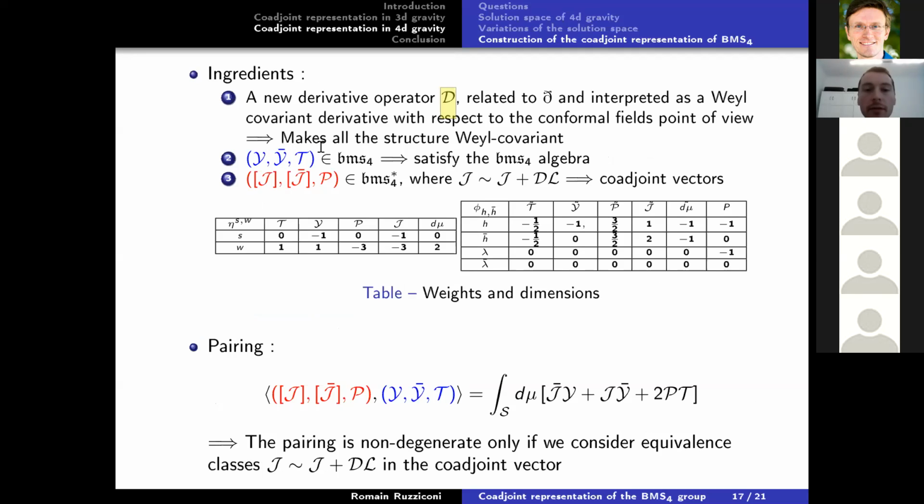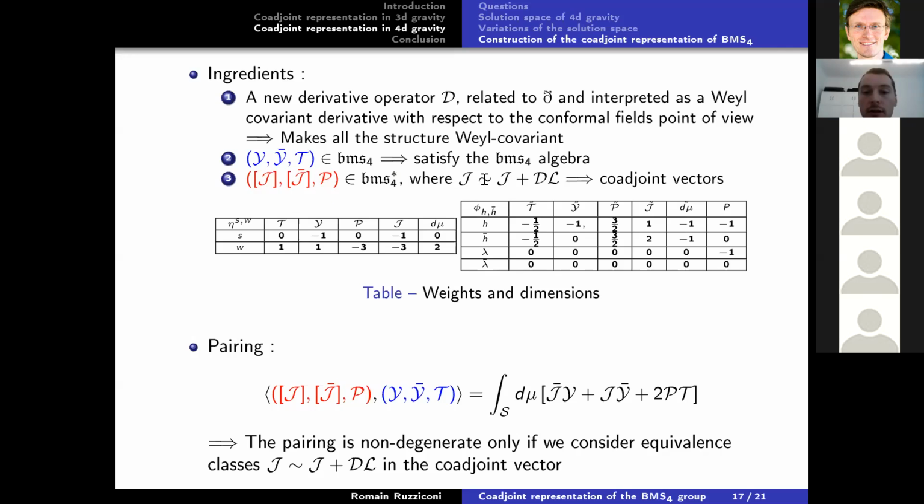Now the elements of the BMS4 algebra, which are parameterized by the functions that I introduced before, the superrotations and the supertranslations, and also the elements of the dual of the BMS algebra, BMS star, which are parameterized by these equivalence classes of J, called super angular momenta, and these P, which are just the super momenta.